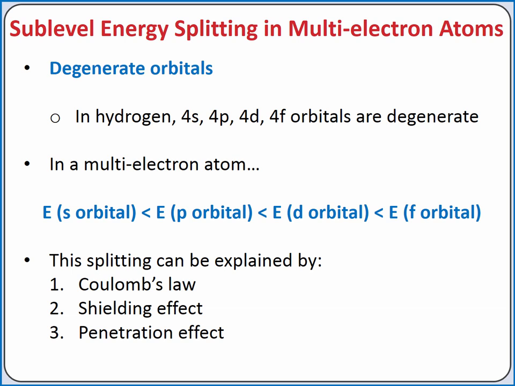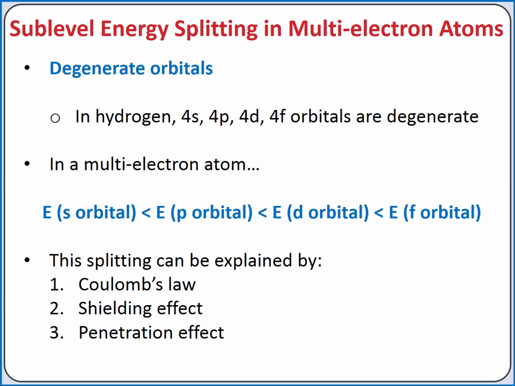But in a multi-electron atom, as we fill more and more orbitals, we develop sublevel splitting. This means that for a given shell, for example the 4th shell, the 4s orbital is the lowest energy, then the 4p orbitals, then the 4d orbitals, and the 4f orbitals are the highest energy.